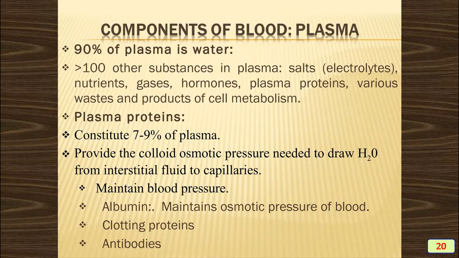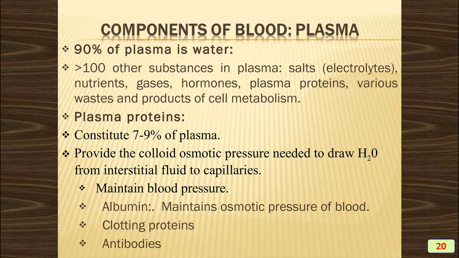Then the composition of the blood, especially the plasma: 90% of the plasma is water, and the remaining more than 100 other substances in plasma are salts or electrolytes, nutrients, gases, hormones, and plasma proteins.